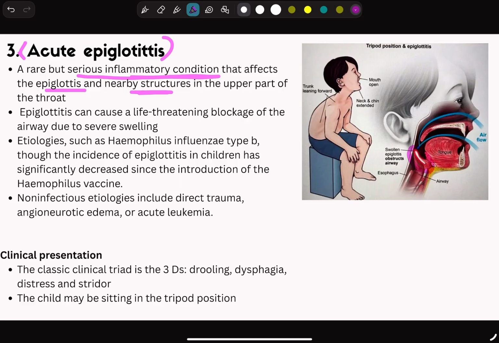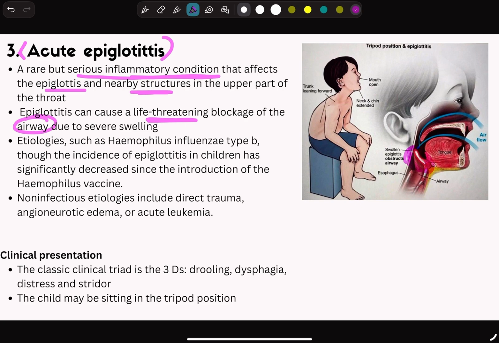It is very, very serious. It's a life-threatening condition, okay? Because it can actually impede the airway because it is sitting on the airway, the larynx, and when it gets inflamed, I will show you at the picture in a minute, it can actually cause obstruction of the airway. So it's a very life-threatening emergency.